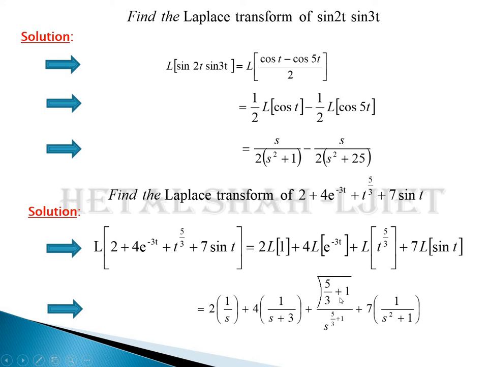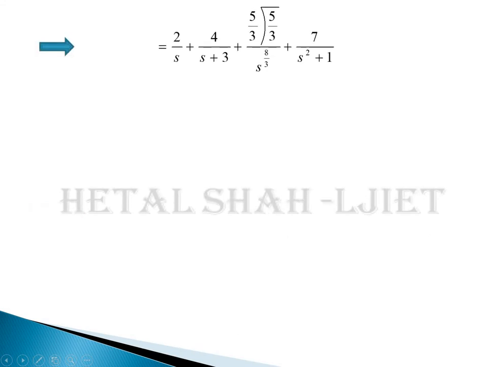But for gamma 5 by 3 plus 1, this is gamma n plus 1, and we can write it as n gamma n, that is 5 by 3 gamma 5 by 3 upon s raised to 8 by 3.